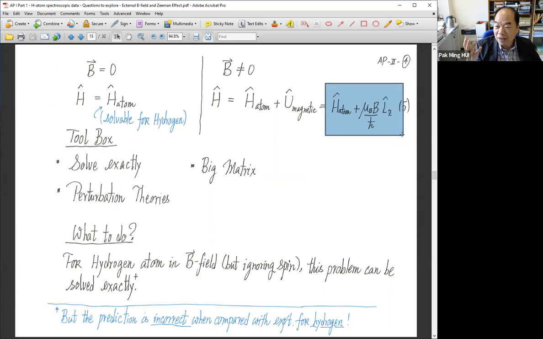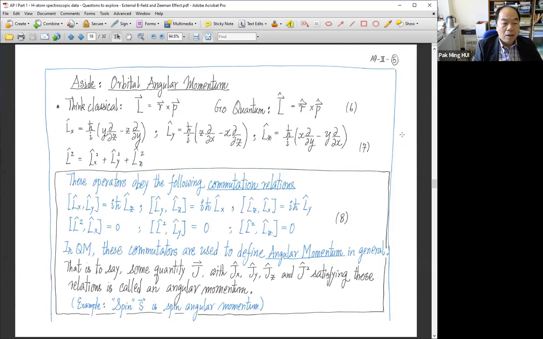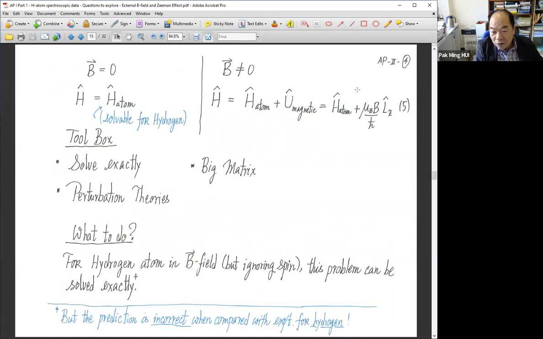You don't need to do anything more. We can do this exactly because the hydrogen atom wave function is a simultaneous eigenstate of this H prime.